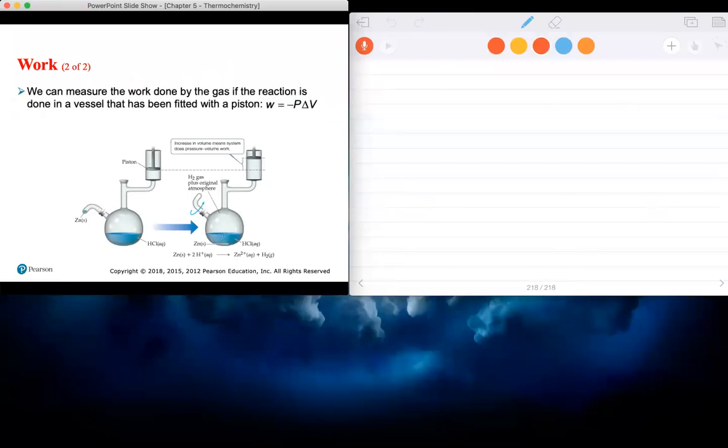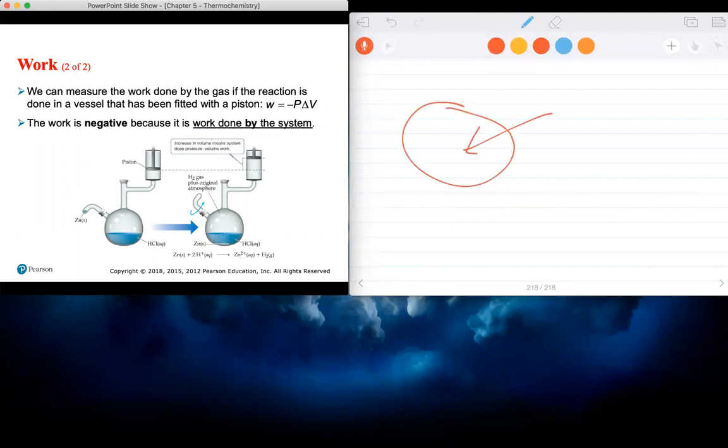So I want you to pay attention to the wording: done by the gas. That means expanding. Done on the system, all those. It's just going to play out when you plug in that negative, because work is done by the system. If it is positive, that means work is done on the system.